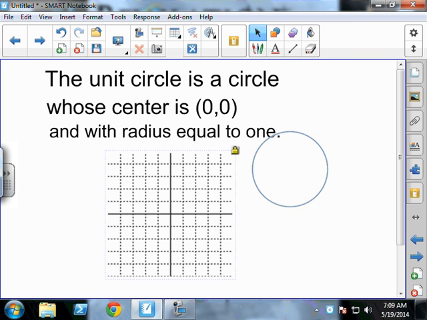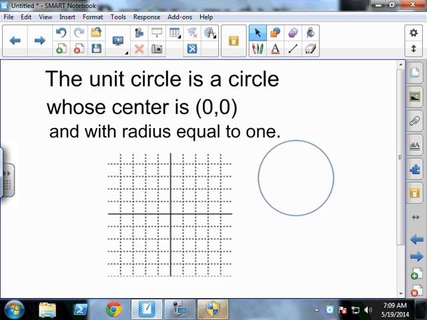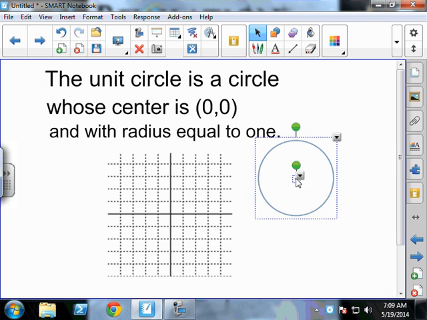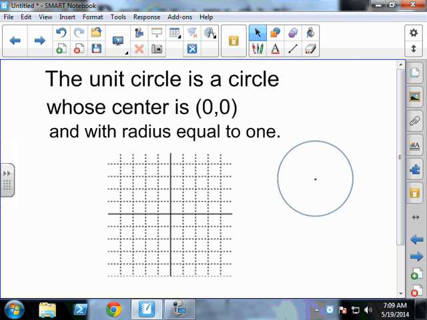So here's a circle. By definition, the center of the unit circle is at the origin, so we'd have to put the circle like that. And the radius of this circle would have to equal 1.